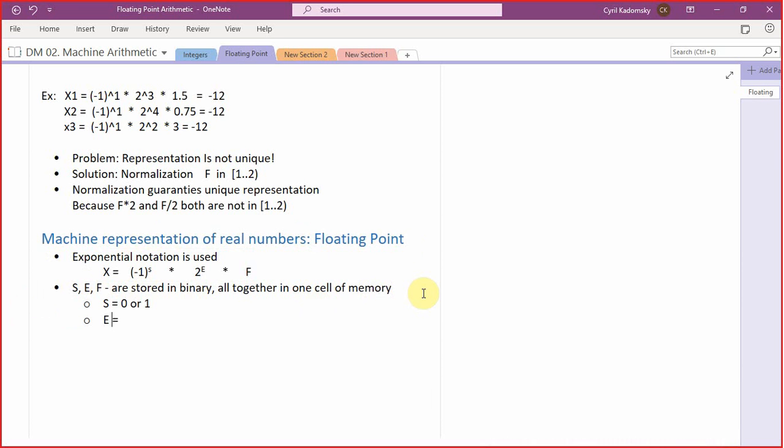Exponent is stored in biased form, so-called biased form. We'll not now give the definition of what it is. Actually, biased is just having some bias.